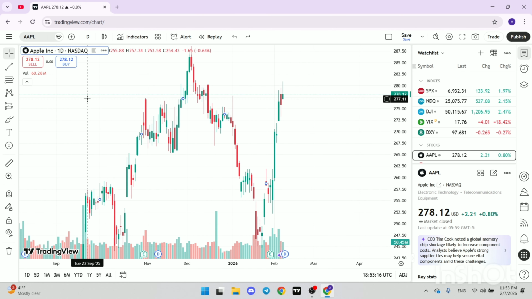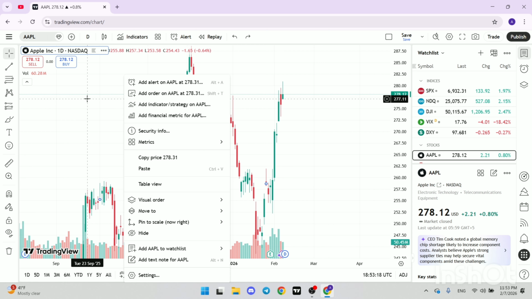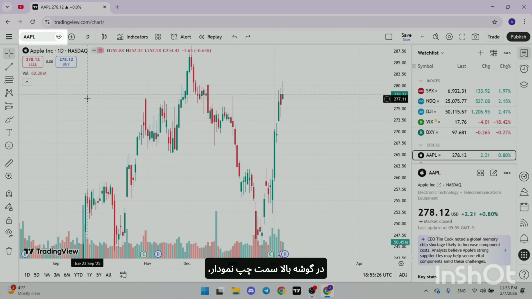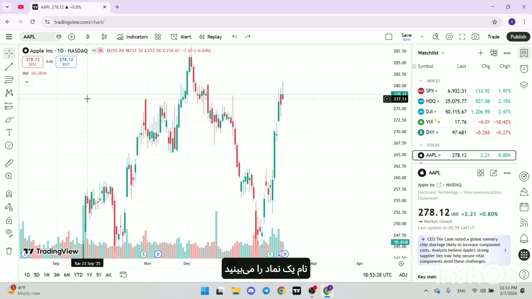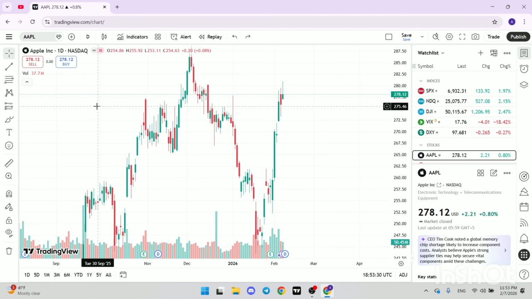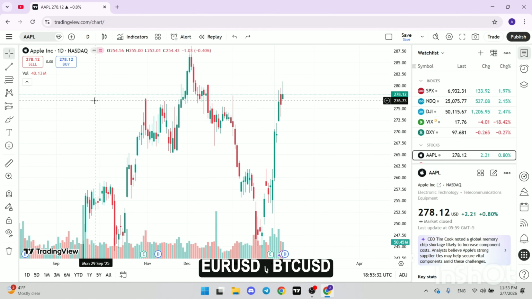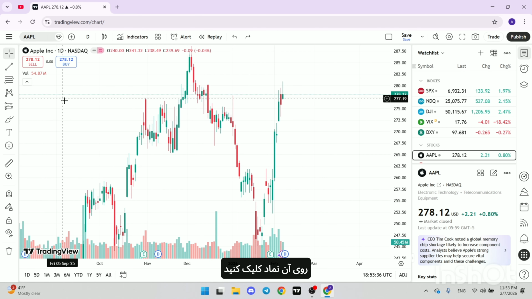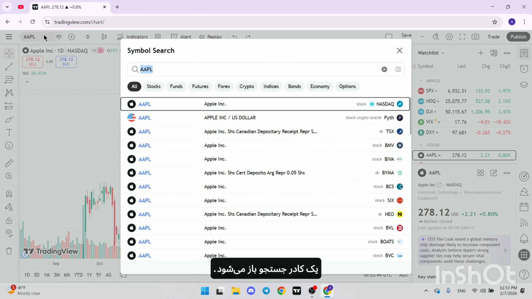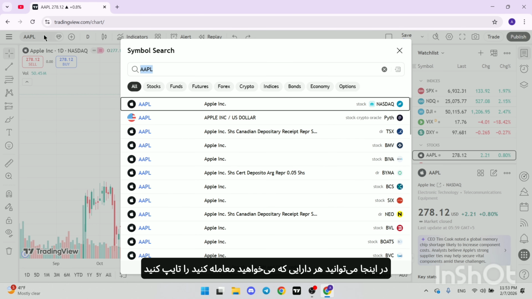Now, let me show you how to choose what you want to trade. At the top left corner of the chart, you will see a symbol name. For example, it might show something like EUR USD or BTC USD. Click on that symbol. A search box will open. Here you can type any asset you want to trade.